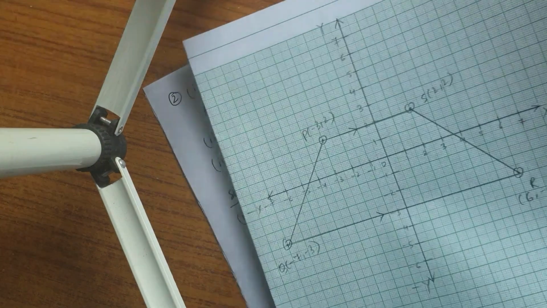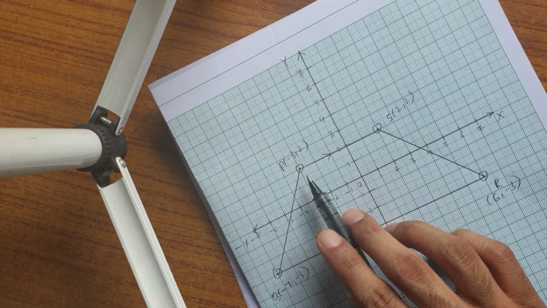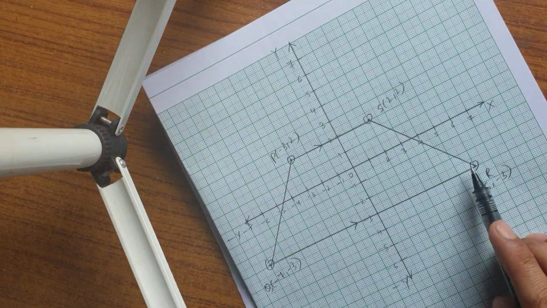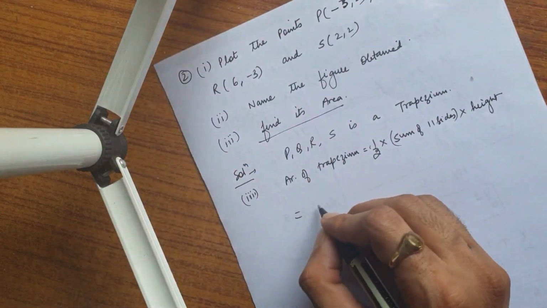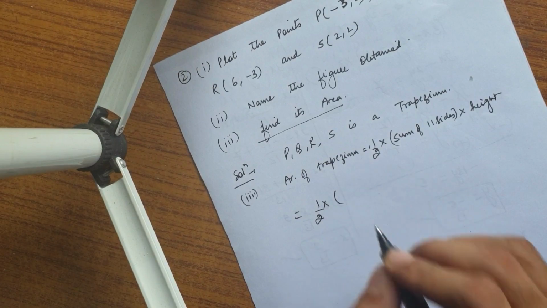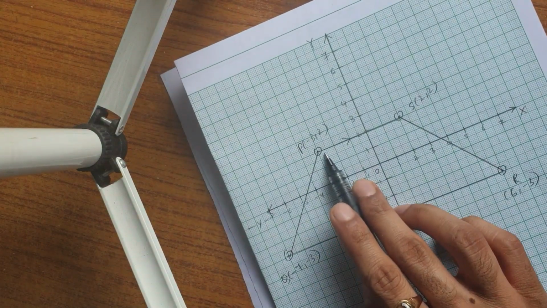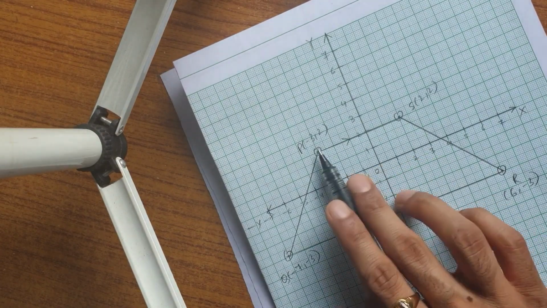So here look, sum of parallel sides. Okay, so parallel sides are PS and QR. So we will write area as half into, look children, what is the sum of parallel sides? PS we can calculate just by counting 1, 2, 3, 4, 5 units.